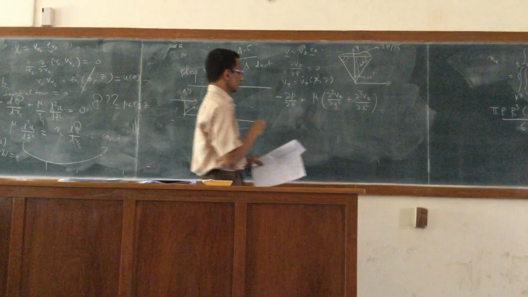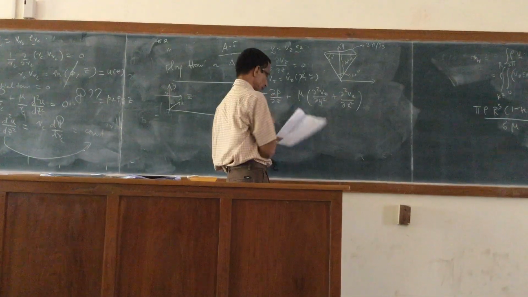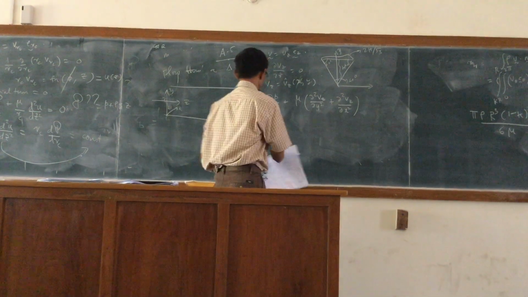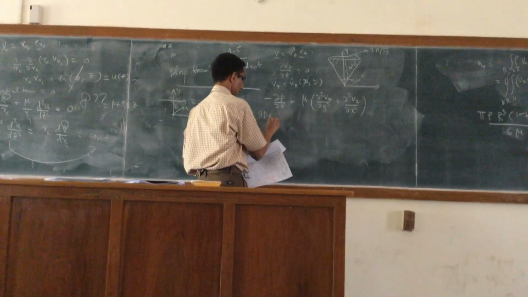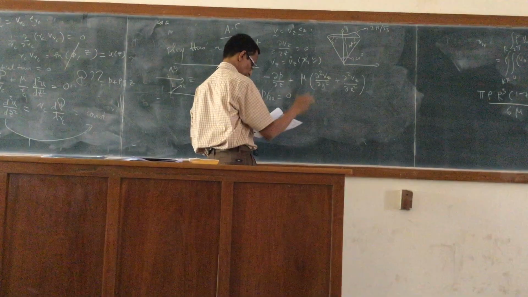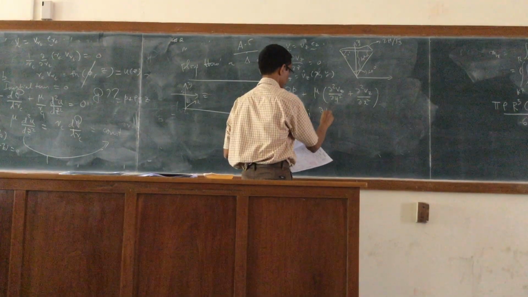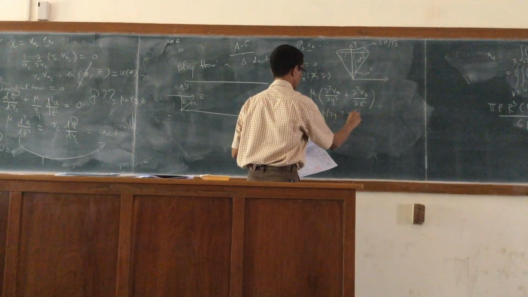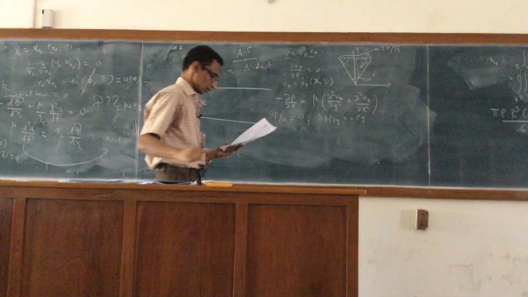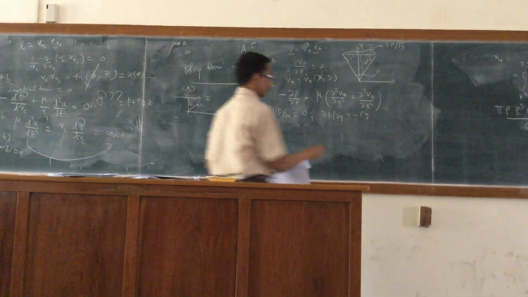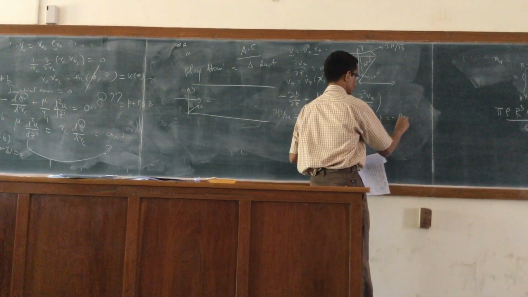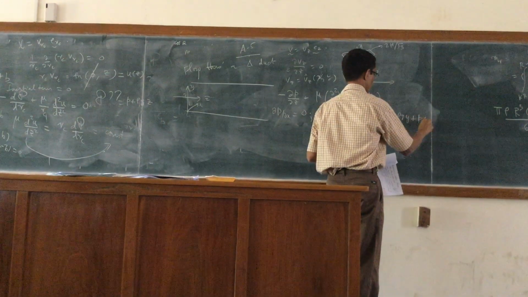So now the same, now dp by dx, we have seen that dp by dx is equal to 0, it will turn out to be 0, and dp by dy would be minus rho g, right? So p would be minus rho g y plus some function of z.